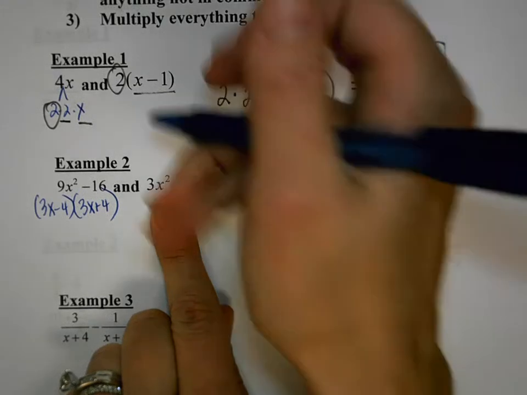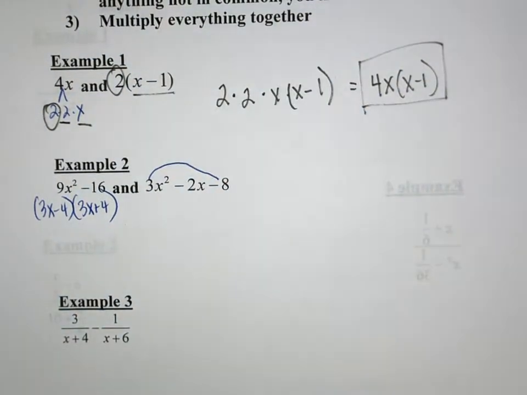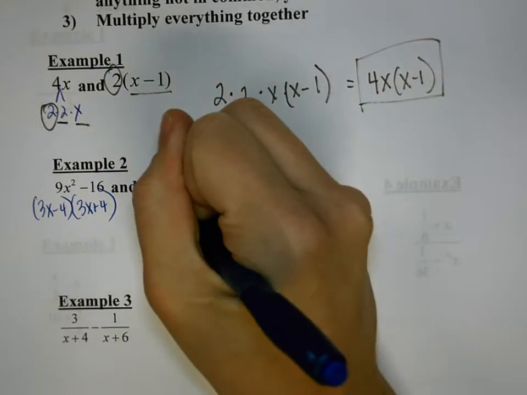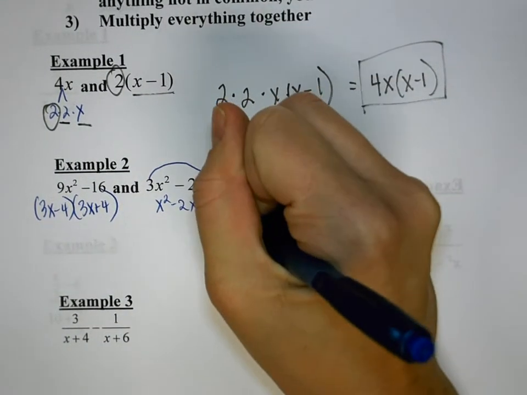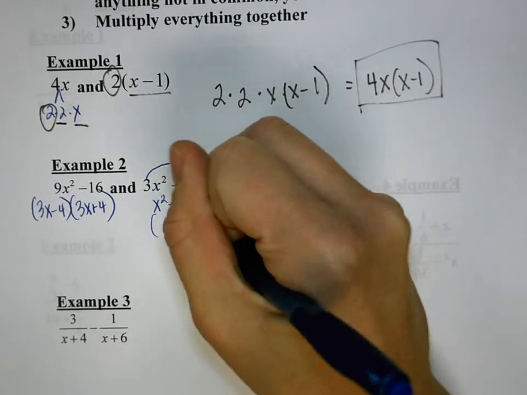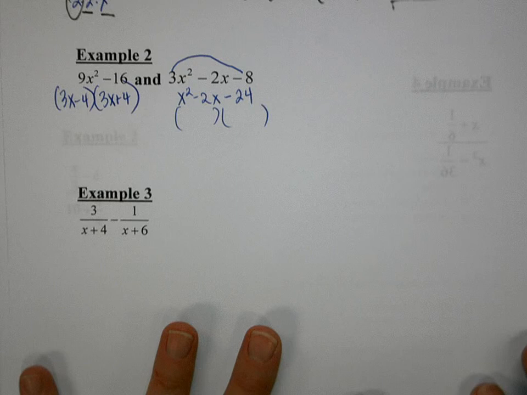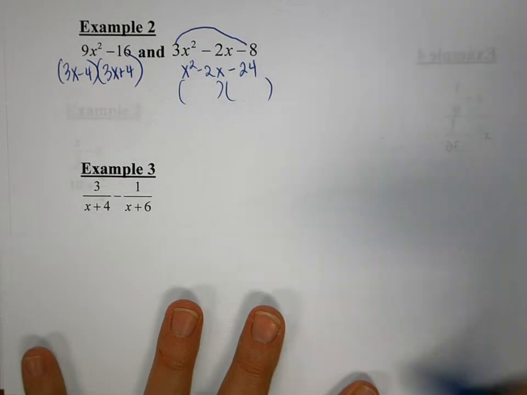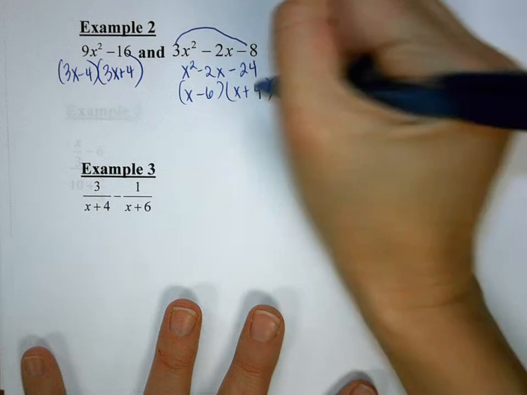Your bottom's up, over, under. So we're going to go over by 3. And we get x squared minus 2x minus, and 8 times 3 is 24. Now what multiplies to be negative 24 and adds to be negative 2? Very good. So you have x minus 6 and x plus 4.